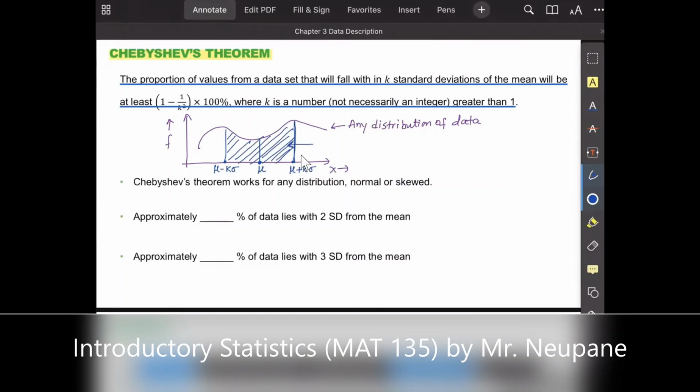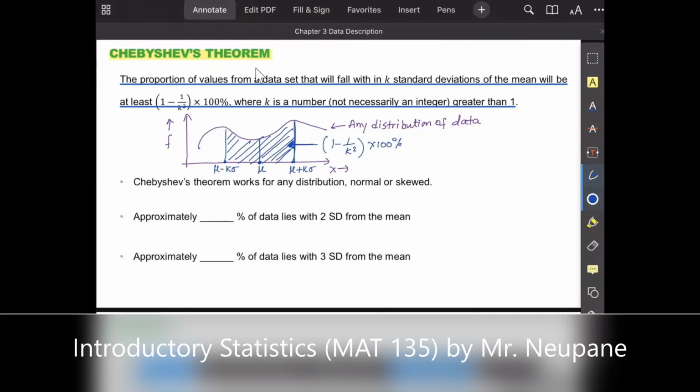The percentage of data that lies in this region is 1 minus 1 over k squared times 100%. That is the amount of data that falls within k standard deviation. K can be any number greater than 1. So this is the statement of Chebyshev's theorem.